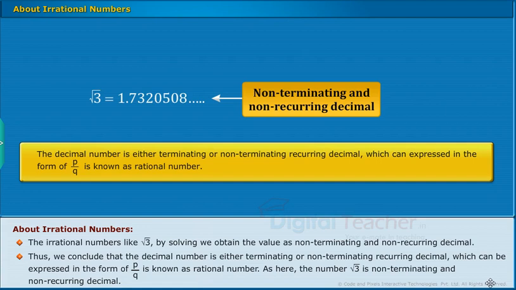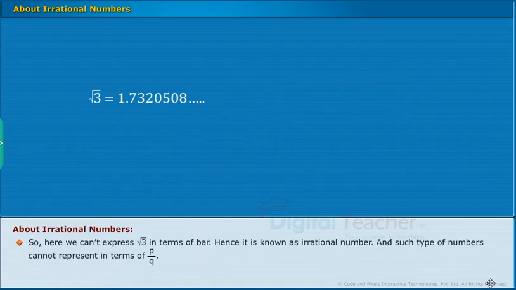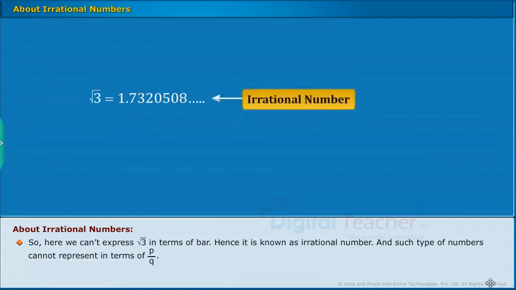As here, the number root 3 is non-terminating and non-recurring decimal. So, here we can't express root 3 in terms of a bar. Hence it is known as an irrational number. And such type of numbers cannot be represented in terms of p by q.